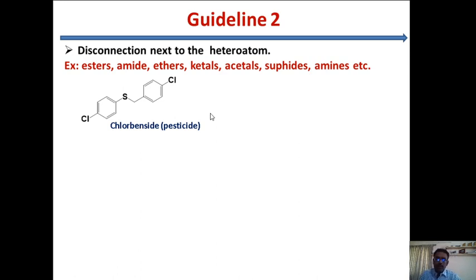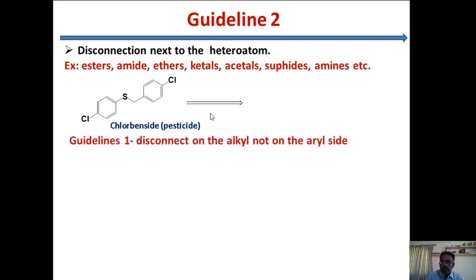If you do the retrosynthetic analysis, that means the disconnection according to guideline 1, we already know that we have to disconnect the alkyl heteroatom bond, not the aryl. As in the earlier case where we had oxygen, now we have sulfur. So we are surely not disconnecting the heteroatom-aryl bond. You have to choose the heteroatom and alkyl carbon bond.